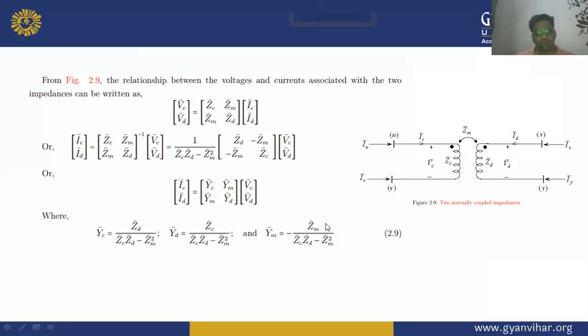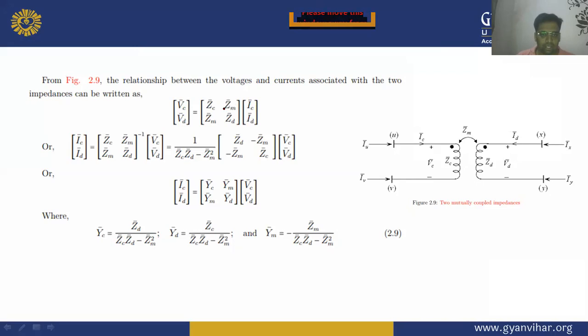Now, from figure 2.9, the relationship between the voltages and currents associated with the two impedances can be written as [VC; VD] = [ZC Zm; Zm ZD] [IC; ID].